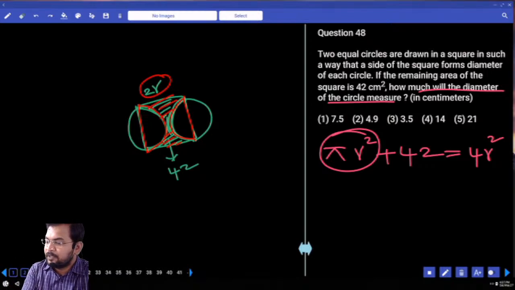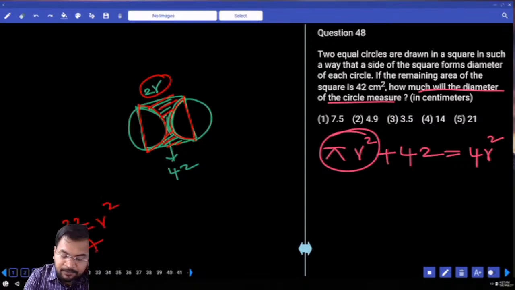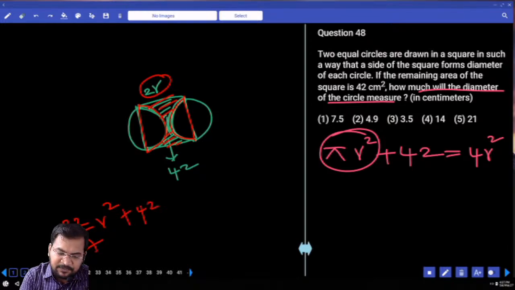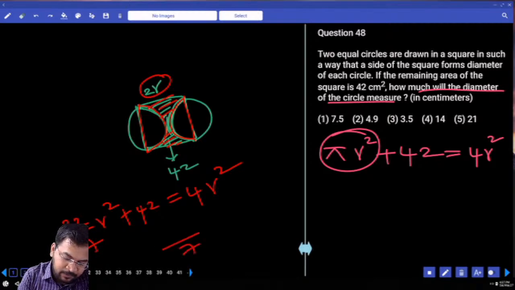Now calculate. 22/7 r² plus 42 plus 4r². 7 is the LCM na? అప్పుడు ఎంత అవుతుందనా?